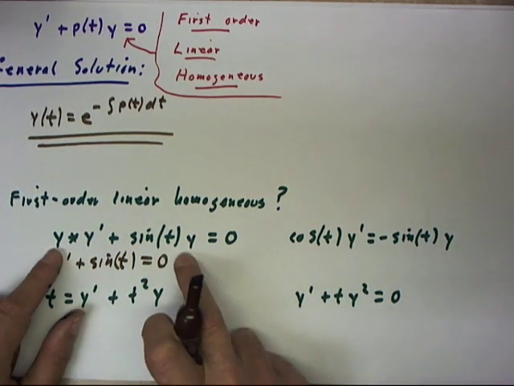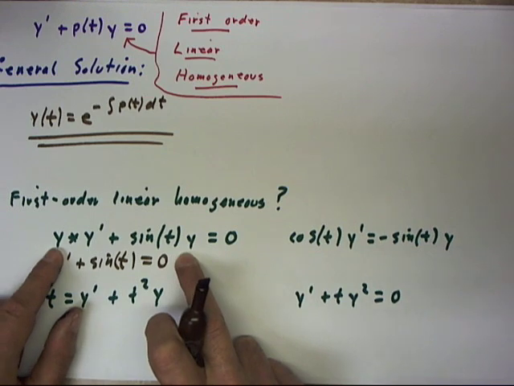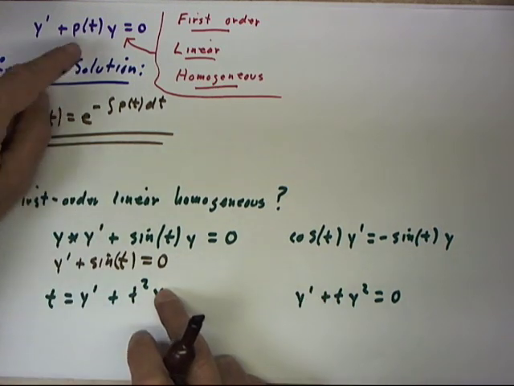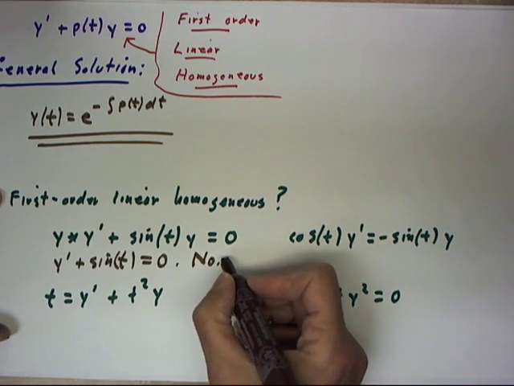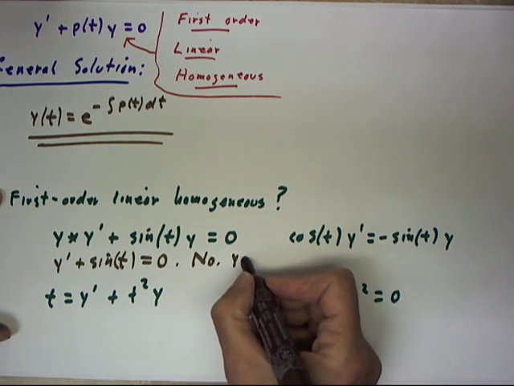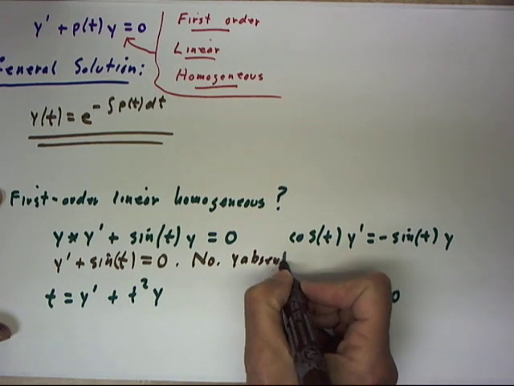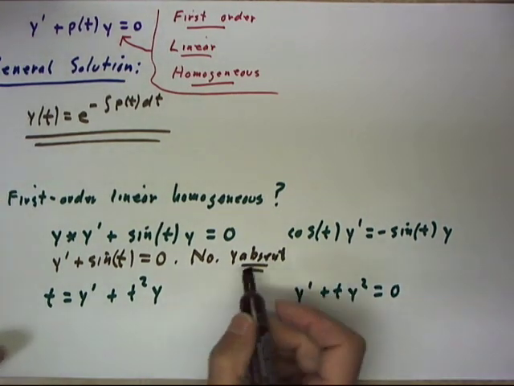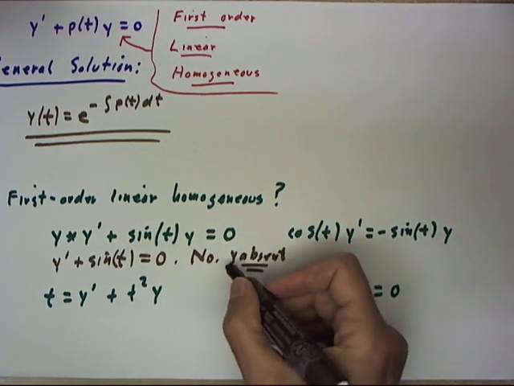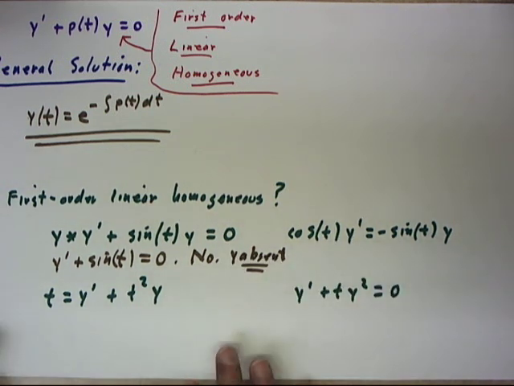Now what happened here is our y divided out. So is this first order linear homogeneous? No. Our y term is absent. Looks like I wrote the word "yabsent" there, but it means y is absent.